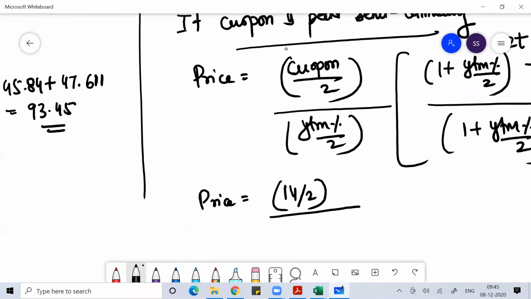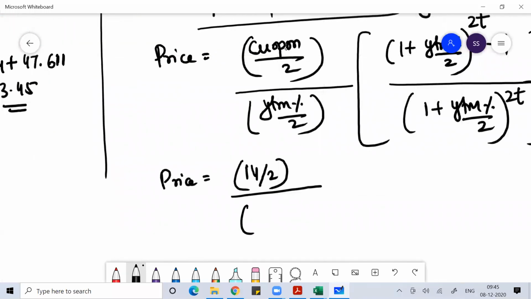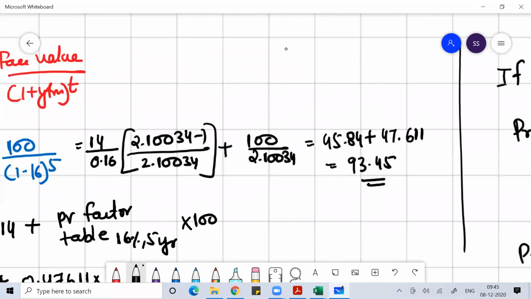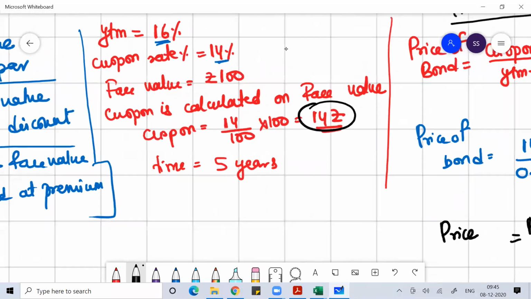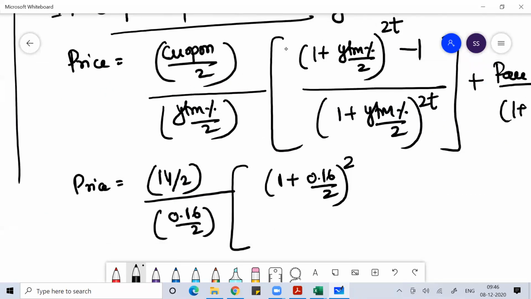Then YTM is how much? YTM is 16%. So 0.16 divided by 2. This is 1 plus YTM, 0.16 divided by 2, to the power 2 into T. T is how much? 5 here.